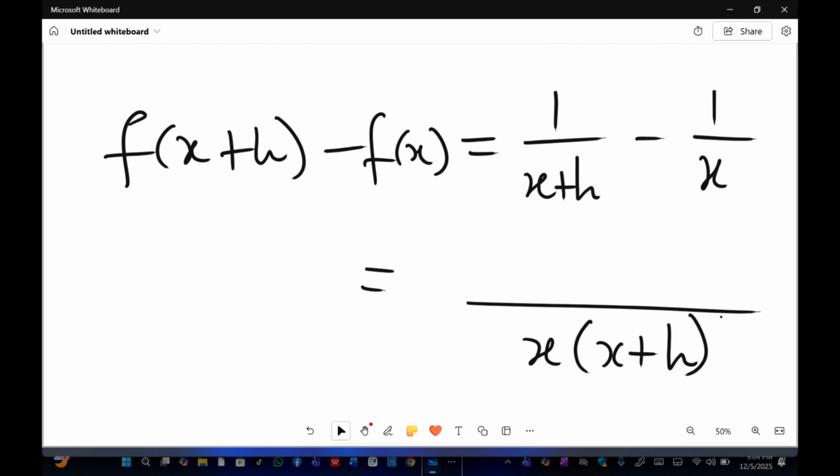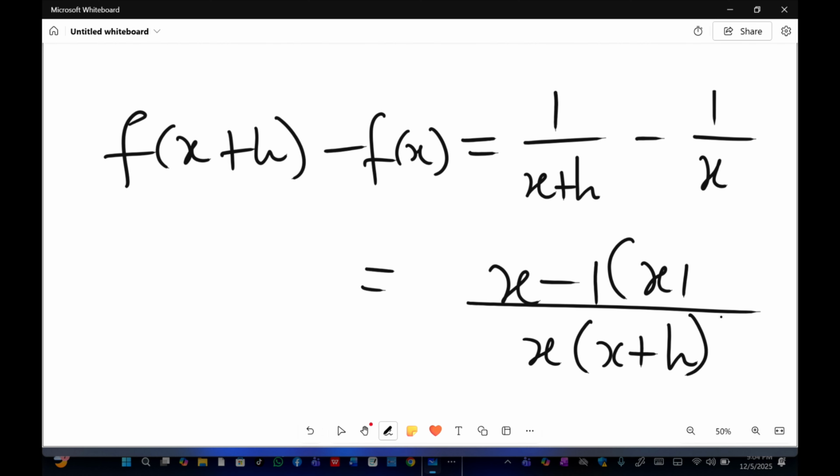When x plus h divides the new denominator, we are going to get x. So we use the x to multiply its numerator. That will give us x over here. Then minus. Now you'll be using the x, which is the denominator of the second fraction, to divide your LCM, and that will give us x plus h. And you are going to use that x plus h to multiply the negative 1.